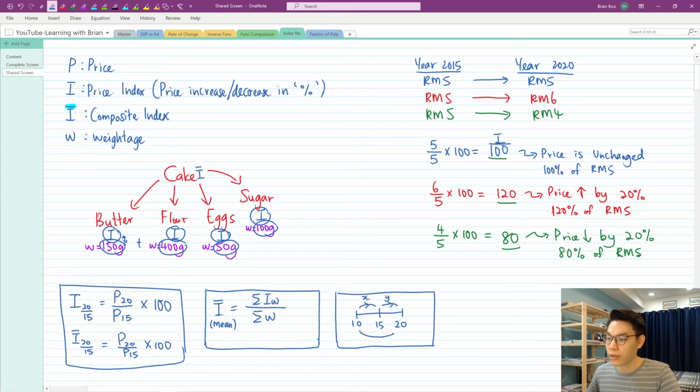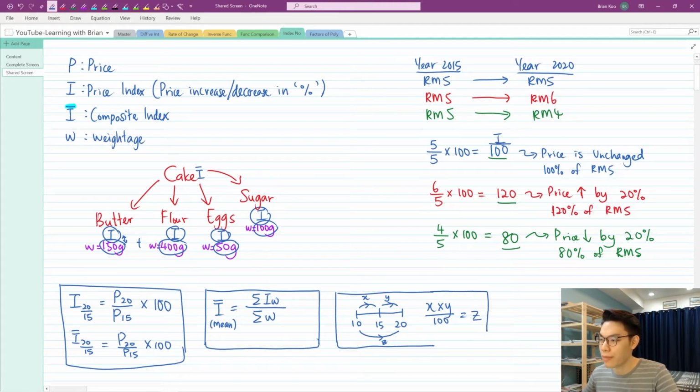And the index from year 2010 to year 2020 is called Z. I show you the formula first, then I give you one example very quickly. So this one would be X times Y divided by 100 equals your Z value.